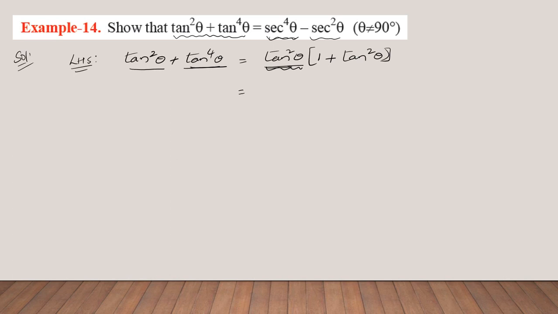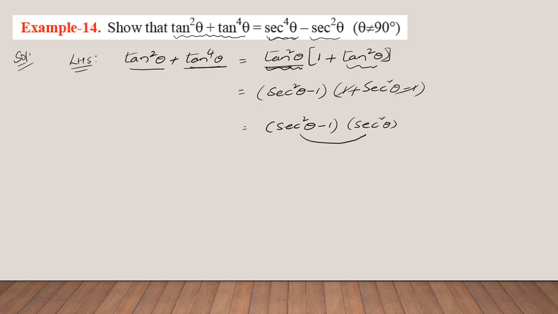So tan square theta I can write as secant square theta minus 1 into 1 plus, again here tan square theta I can write as secant square theta minus 1. So minus 1 plus 1 gets cancelled, and I will be left with secant square theta minus 1 into secant square theta.